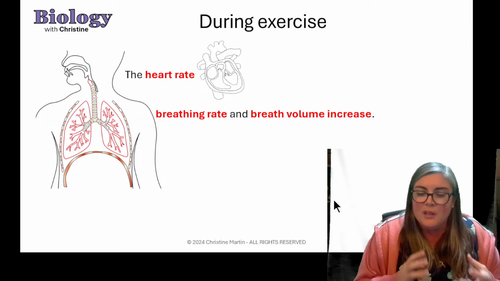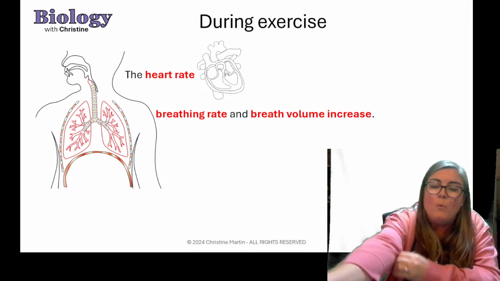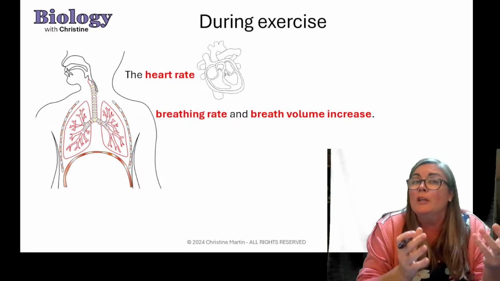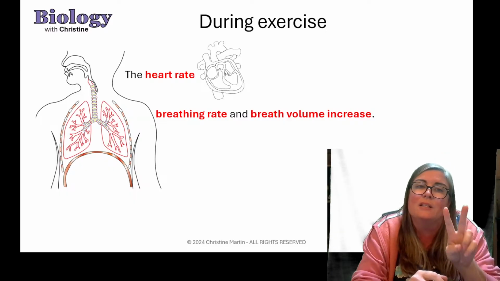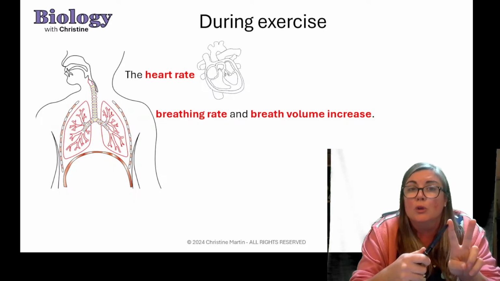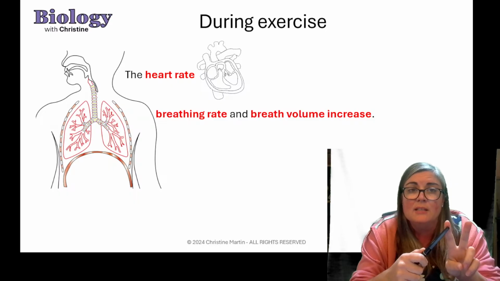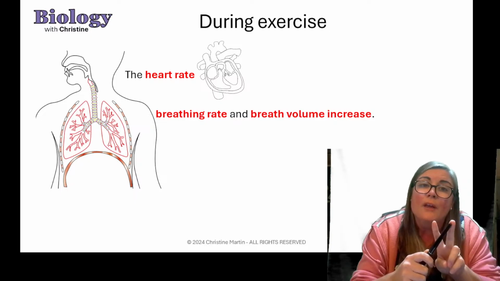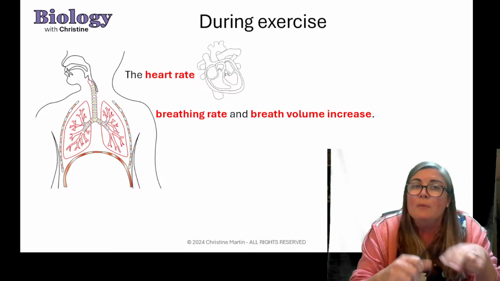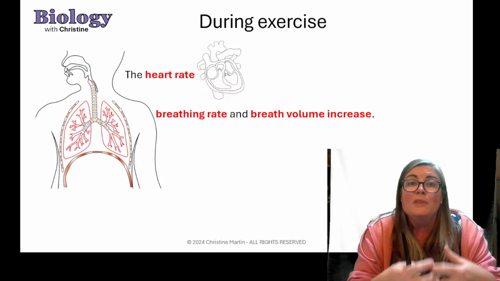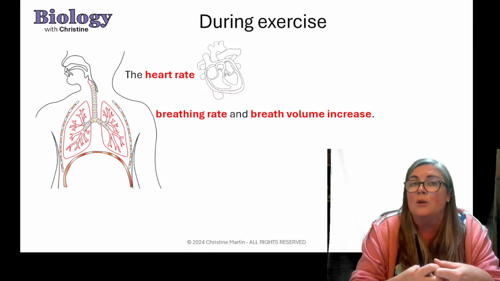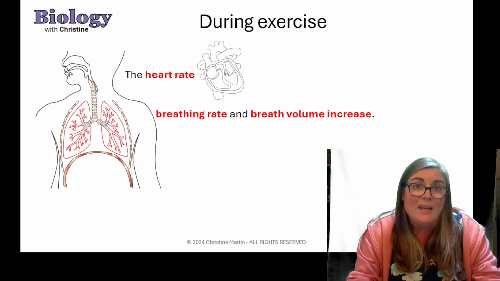Why is that? Well, it's really important that you remember that when we are looking at respiration, we had 2 reactants that were required. Glucose was one of those reactants. Oxygen was the other reactant. So if I'm going to do lots and lots of exercise, I'm therefore going to need to release lots of energy.